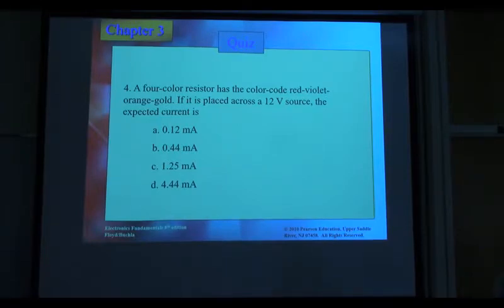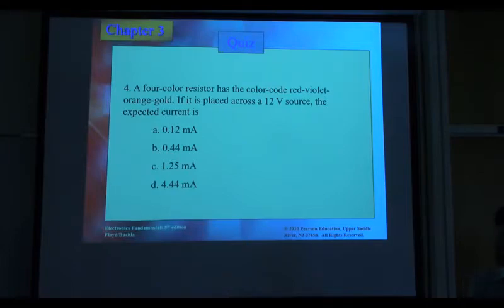What is red? 2. Okay, 2. What is violet? 7. Violet is 7, yeah. What is orange? Orange is 3, right? 3, yeah.